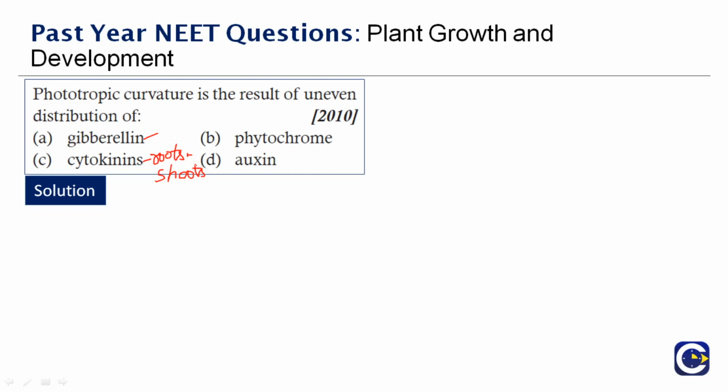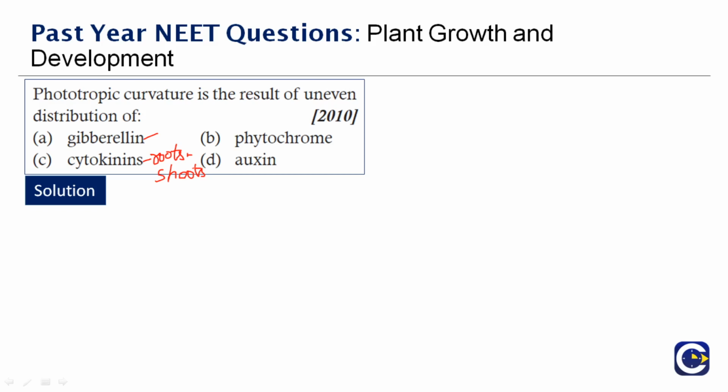Now, phototropic curvature, the correct answer is auxin. Phototropic curvature is a result of uneven distribution of the auxins. So auxins together are called plant hormones or plant growth factors. The experiments conducted by Charles Darwin concluded that the tip of the, we just now saw in the first question of this video, where we spoke about avena coleoptile, right?